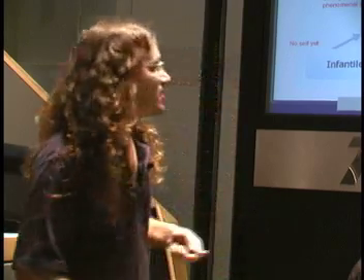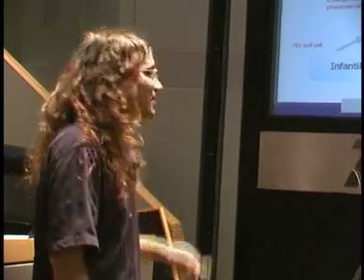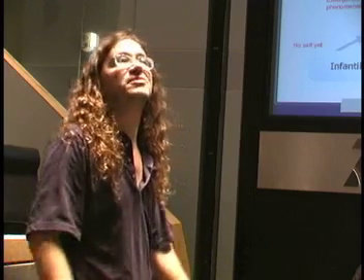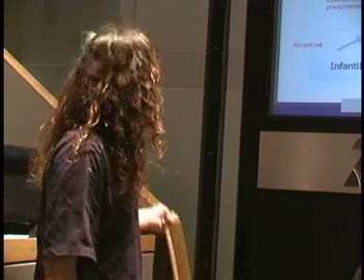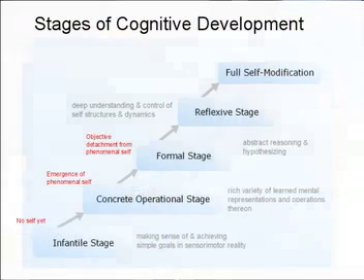Leading into the work on virtual pets, I like to think about our work on Novamente in terms of Piaget's stages of cognitive development. You start out in an infantile stage where the system's just fiddling around with sensation and actuation in the world. Go on through more and more abstract stages, a concrete operational stage, where there's a richer variety of learned mental representations and operations.